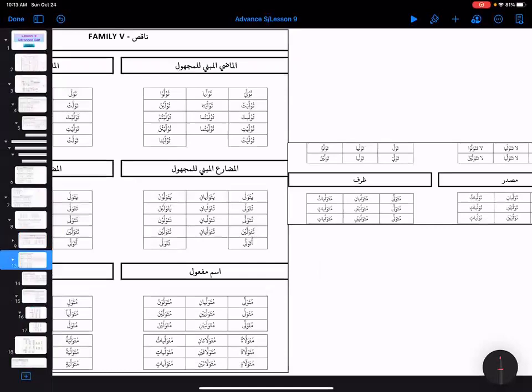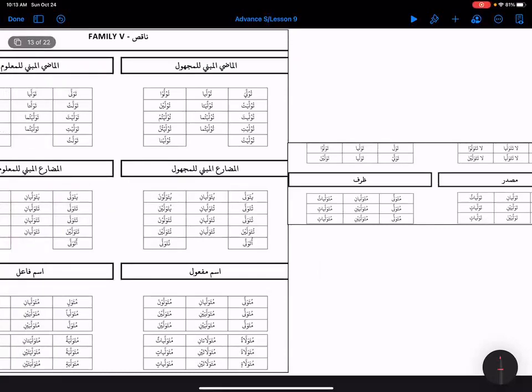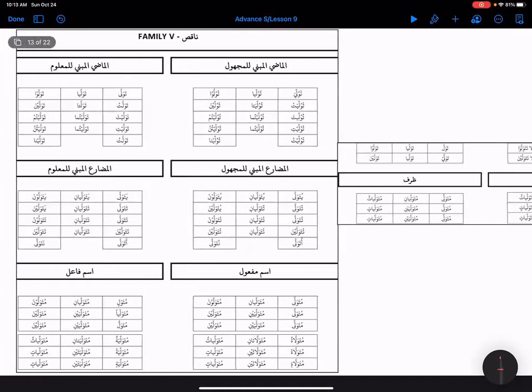Okay. And then we have family 5. We have the word tawalla. So the sarf saghir: tawalla, yatawalla, tawalliyan, mutawallin. No, not tawalliyan. The masdar is on the pattern of that, so it is going to be tawallin.